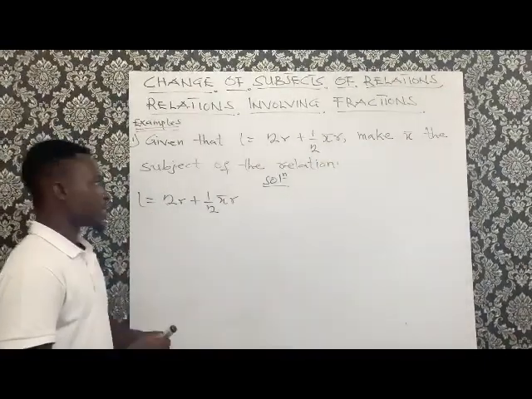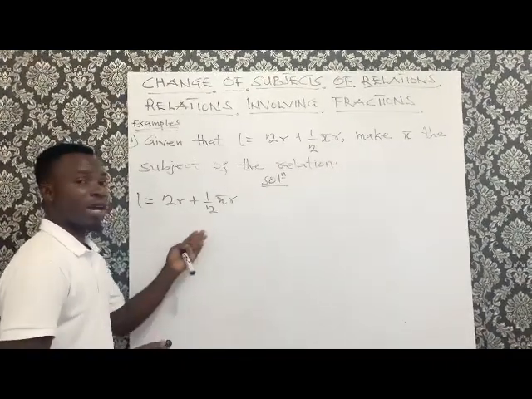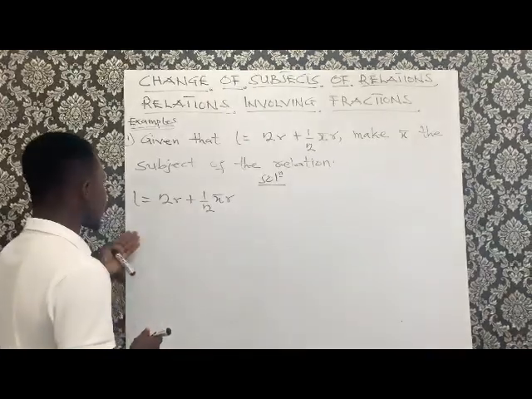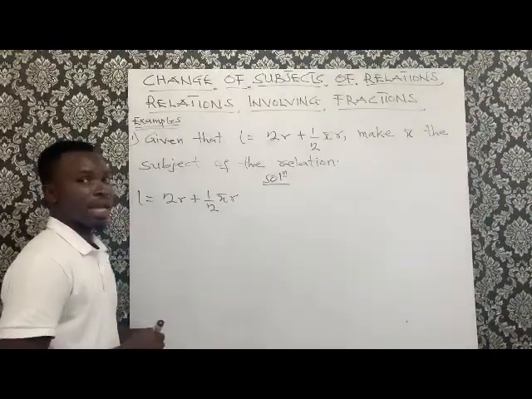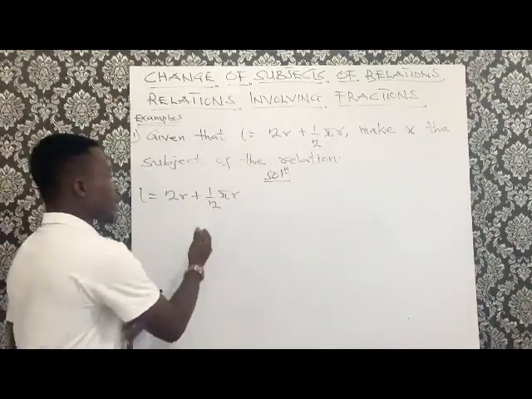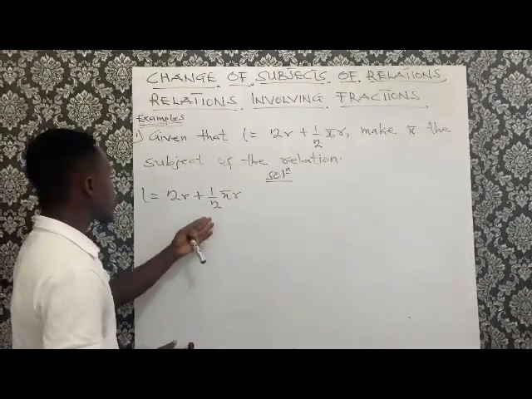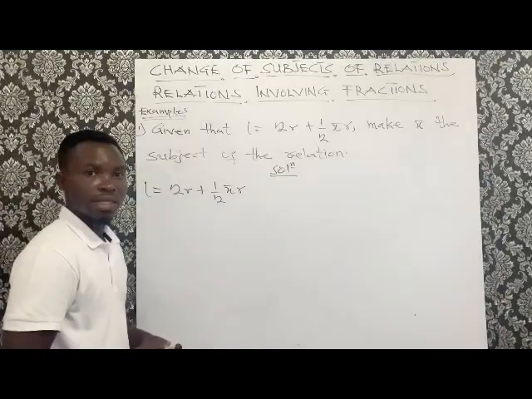But looking at this relation, there is a fraction. Whenever there is a fraction, we find the LCM and multiply each term in the relation by the LCM. Looking at the fraction, our LCM is 2. So we multiply 2 by each term in the relation.